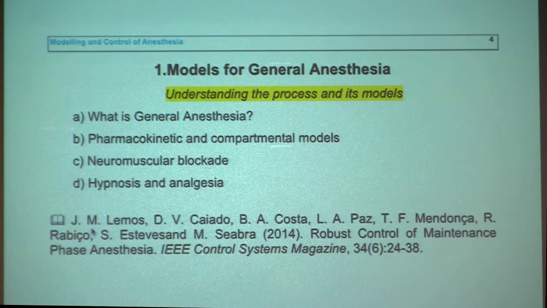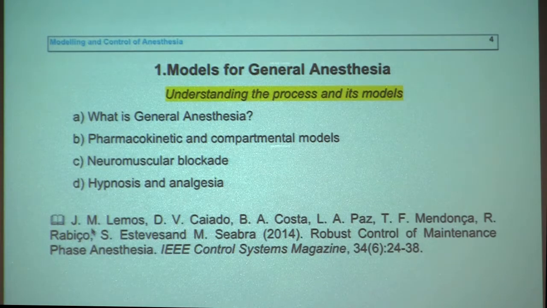Then I will speak a little bit about the types of models. You can divide the models into parts: the pharmacokinetic part and the pharmacodynamic part, which is not listed here explicitly, but will be addressed in these C and D parts.